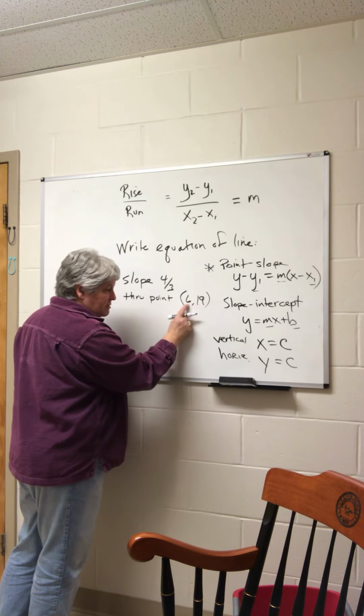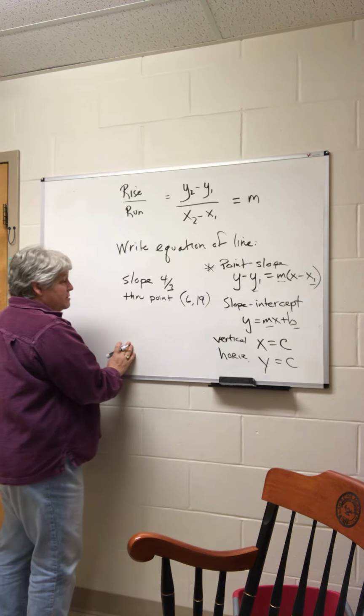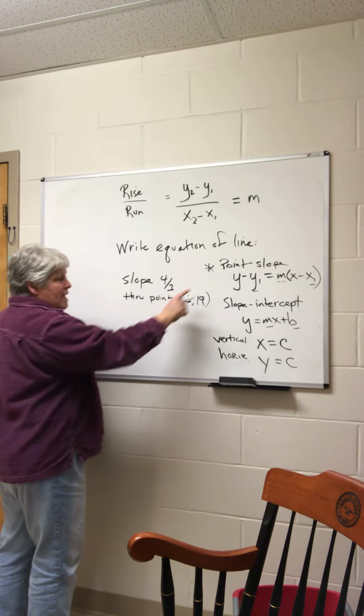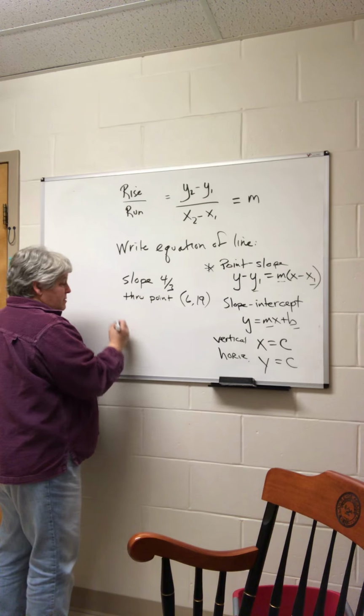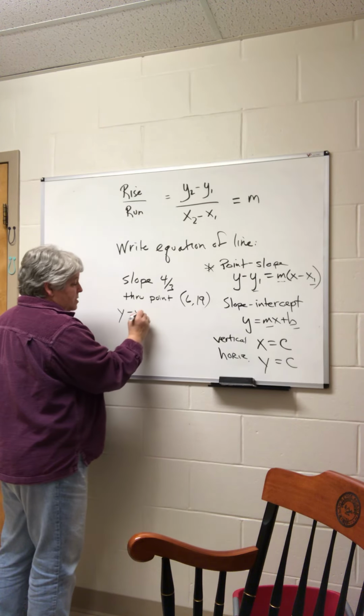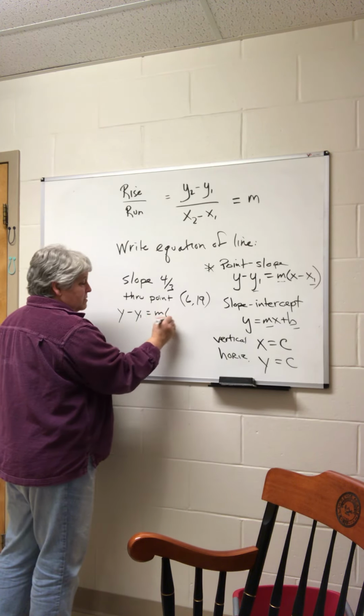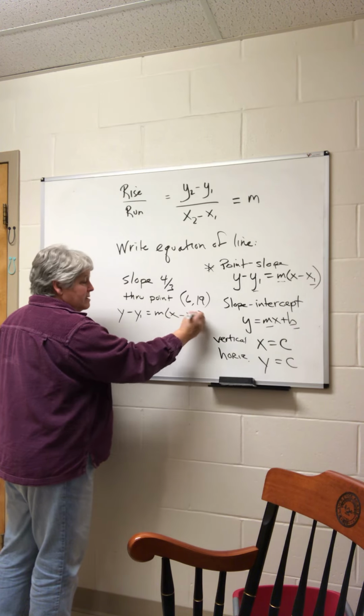The reason we know it isn't is that's not a 0. So this would bring me back to this: y minus y1 equals m times x minus x1.